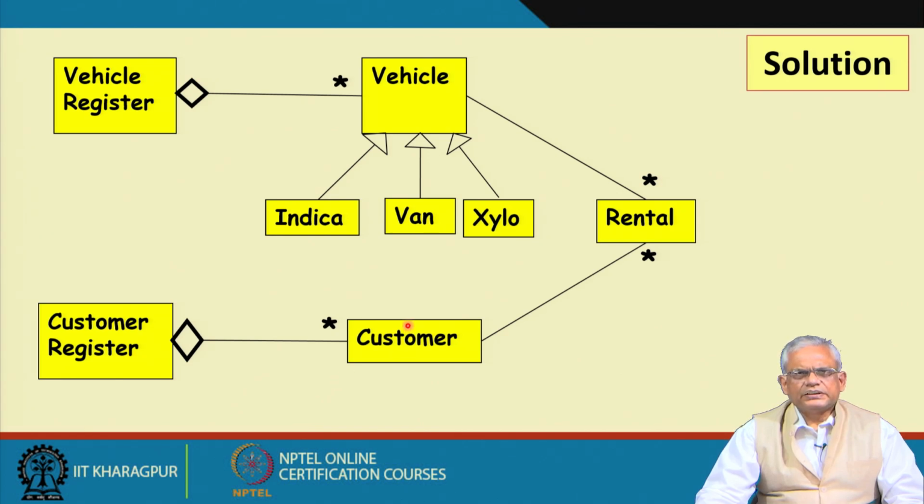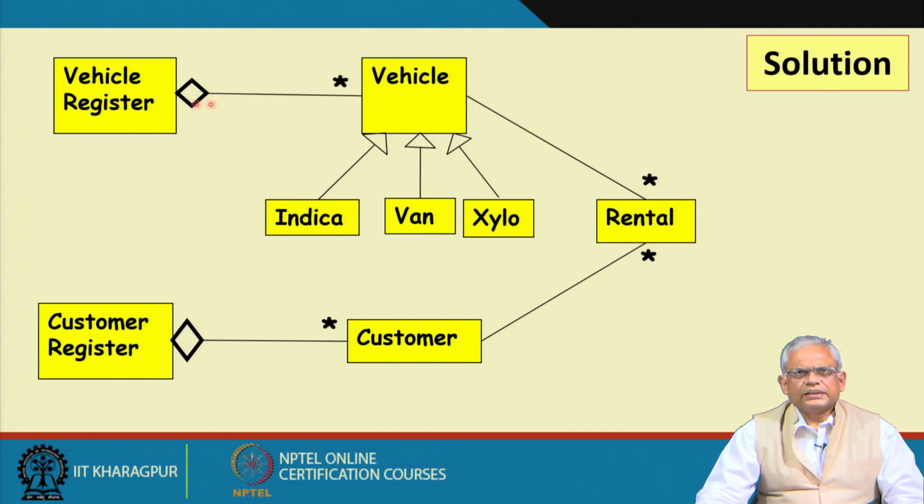The first statement said that the travel agency maintains vehicles of different types. So, vehicle is an entity class, and there is a vehicle register which aggregates all the vehicles. The travel agency may have two dozen vehicles.